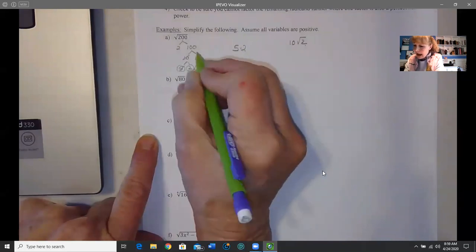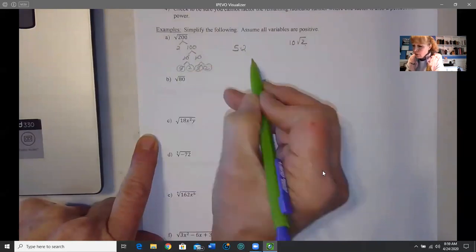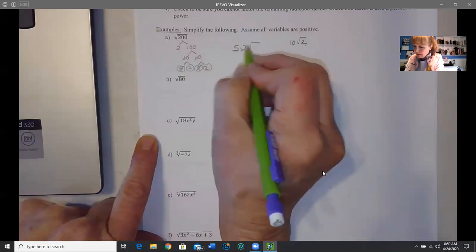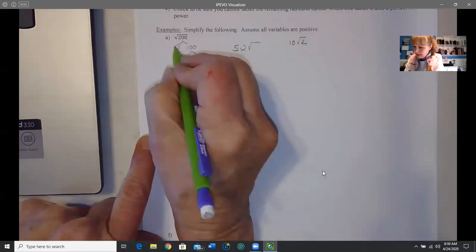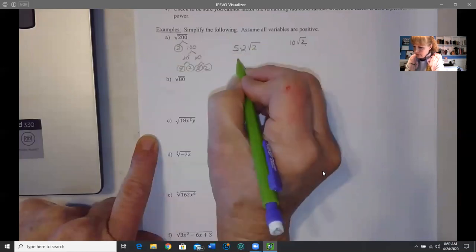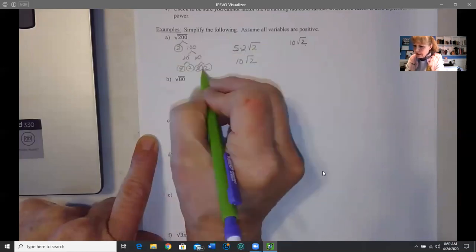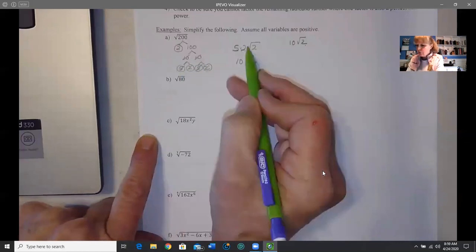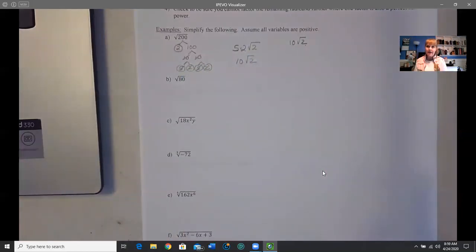Whatever comes out of your radical, you multiply together. So this becomes 5 times 2, and this is a 2. So when you bring things out, I brought the 2s out and the 5s, you multiply them together as they come out. Either way, you'll get 10 square roots of 2.